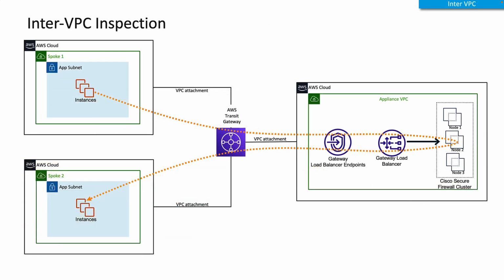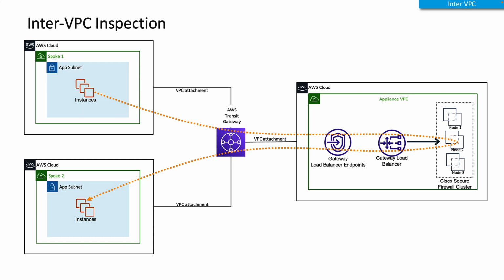Now, there is another example where you have multiple VPCs and you want to protect your inter-VPC traffic using a firewall cluster. You can do that easily by introducing a transit gateway in the architecture. Transit gateway can connect to your VPCs using VPC attachment, and once your transit gateway is connected to your spoke VPCs, you can connect it to your appliance VPC or security VPC, and then based on the routes in the route table, you can forward traffic to the gateway load balancer endpoint.